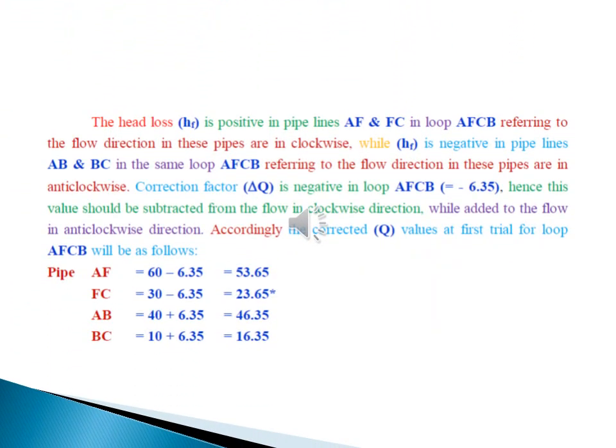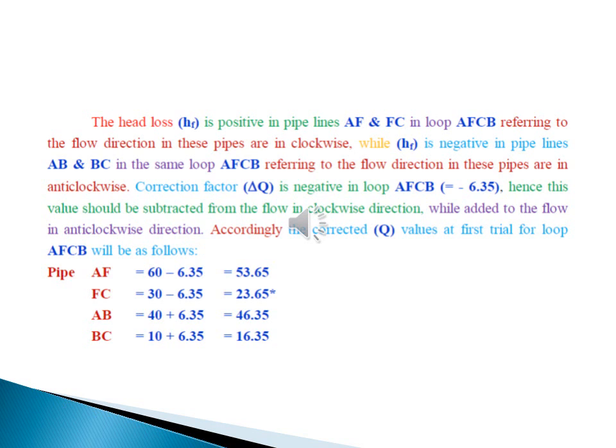Look, my dear, the head loss is positive in pipelines AF and FC in loop AFCP, referring to the flow direction in these pipes being clockwise, while the head loss is negative in pipelines AP and PC in the same loop AFCP, referring to the flow direction in these pipes being anticlockwise. The correction vector delta Q is negative in loop AFCP.